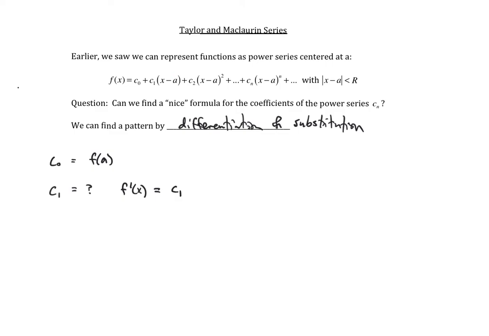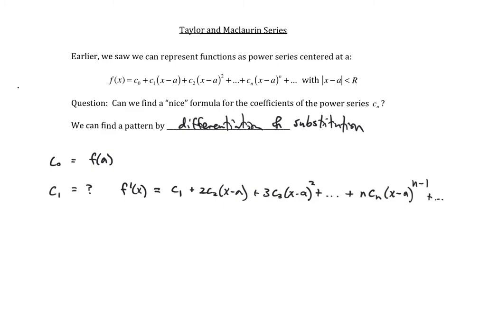And then we're going to have plus 2 times C2 times x minus a, plus 3 times C3 times x minus a squared, plus and so on. The general term is going to be n times Cn times x minus a to the n minus 1.